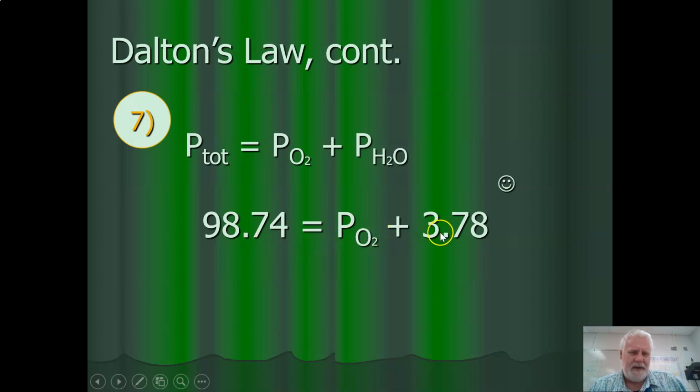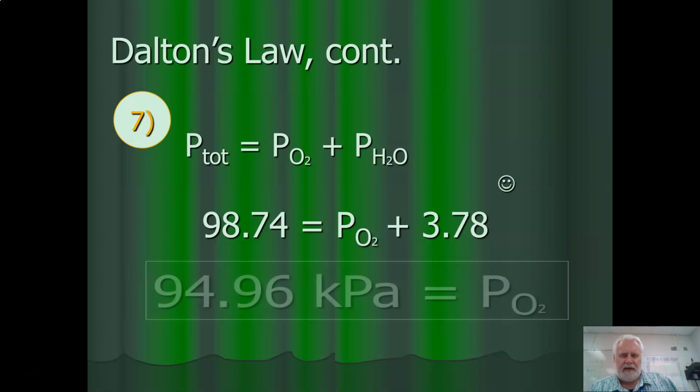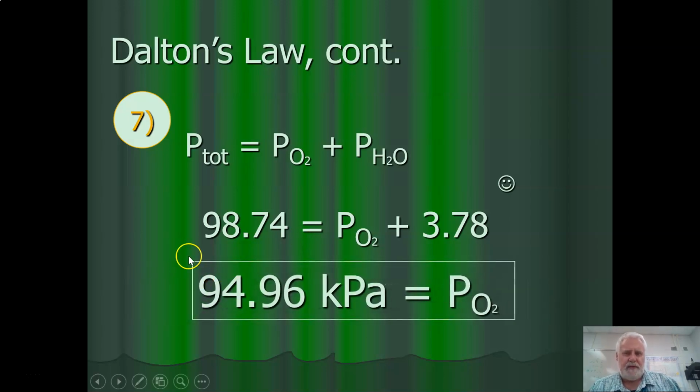As you can see here, we're just going to subtract, and in terms of sig figs, when you're subtracting, it's about place value, right? It's our scales that we used in the lab. 2 places to the right, 2 places to the right. So my final answer for partial pressure will have 2 places to the right. When you take 98.74 minus 3.78, you can see I just kind of fixed that pressure a little bit.